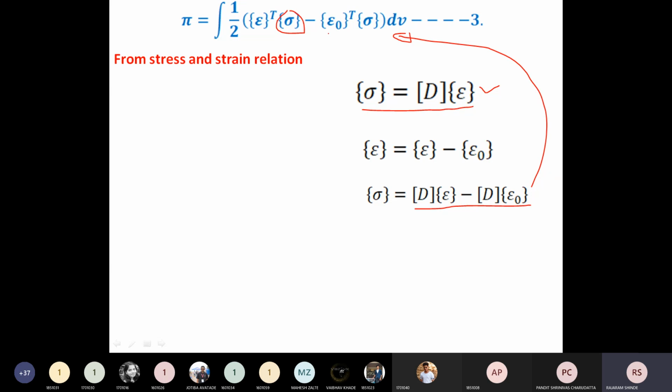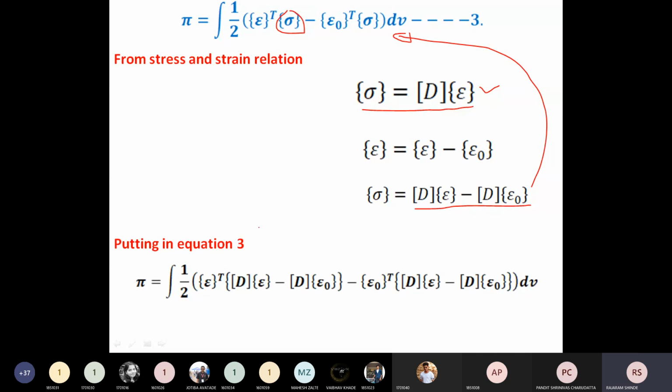Now second term epsilon 0 transpose into you have d epsilon minus d epsilon 0. Okay. Now see here how it will take form. Here putting in equation number 3. You see here epsilon transpose d epsilon minus d epsilon 0. Here this is the sigma, okay, and here you have this sigma. Okay. Any doubt in this equation?